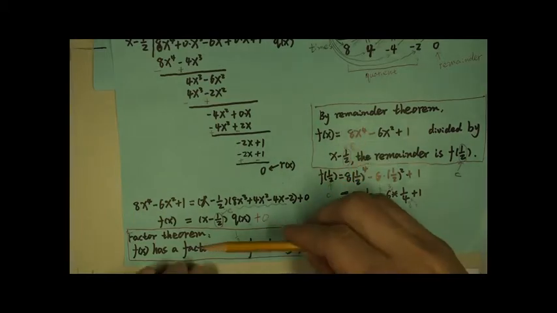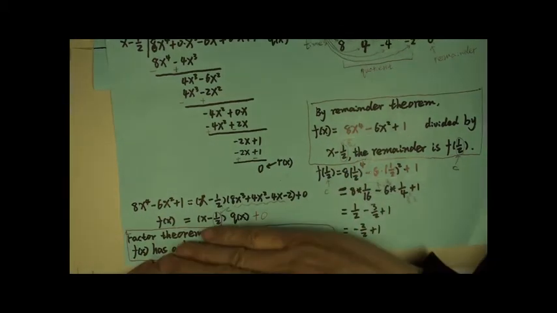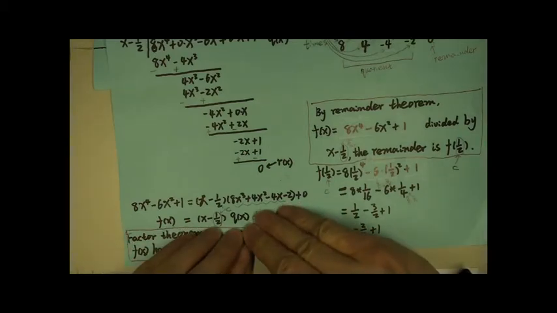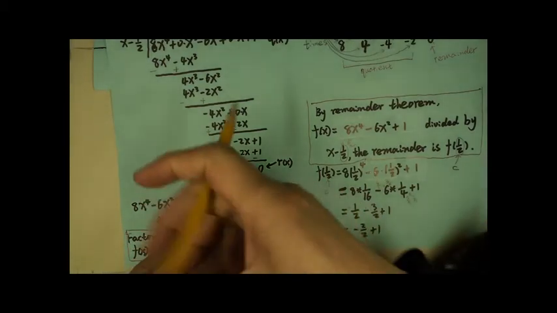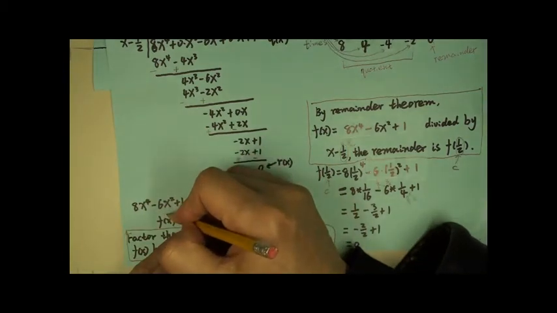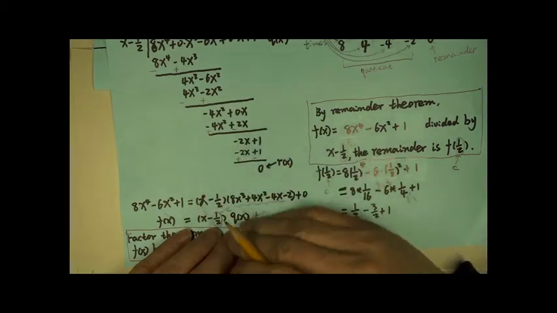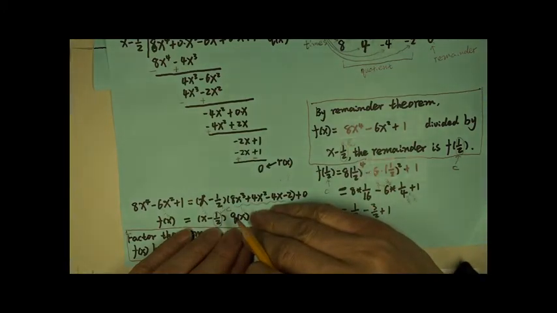This one says that if f of x can be written in this way, then if you plug in 1/2 here, 1/2 here, you get 0. So there are two directions.